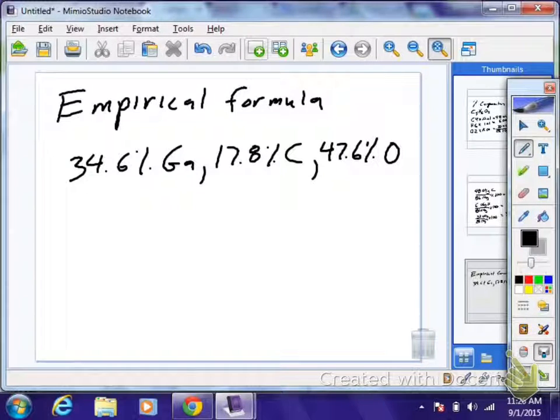So I'm going to list the steps out for you, and you just do it. I'm not going to list this step out, but assume these percentages can be converted to grams based upon a 100-gram sample, so you just substitute grams for the percent sign. Then you're going to change grams to moles of atoms for each one.